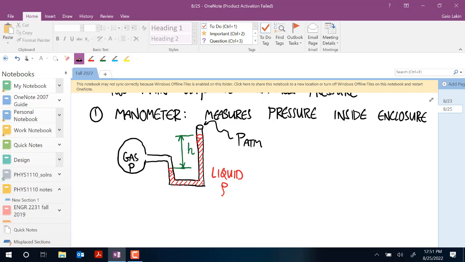To calculate that, we know that the pressure at the lower point, P, minus the atmospheric pressure, is equal to the density of the liquid times g times that difference in height.